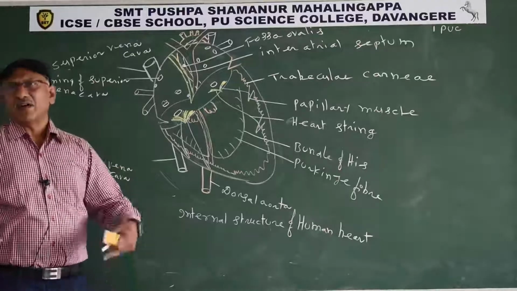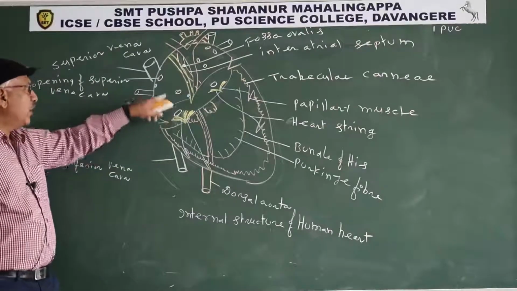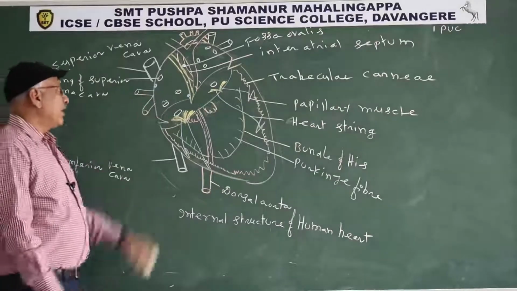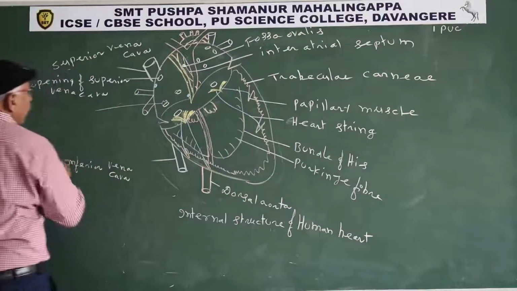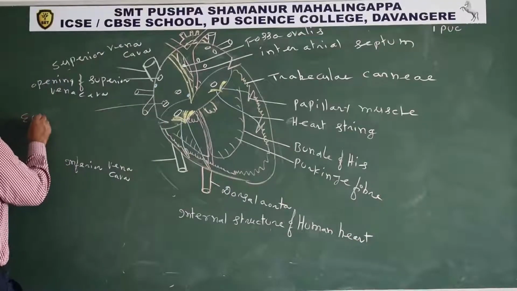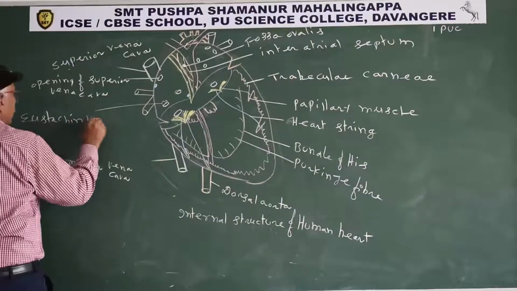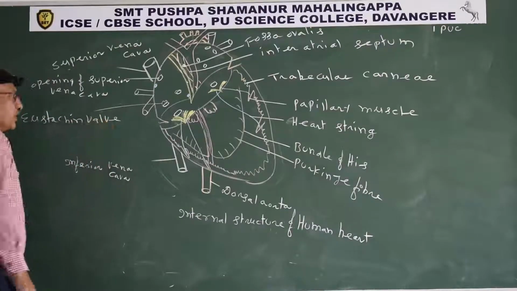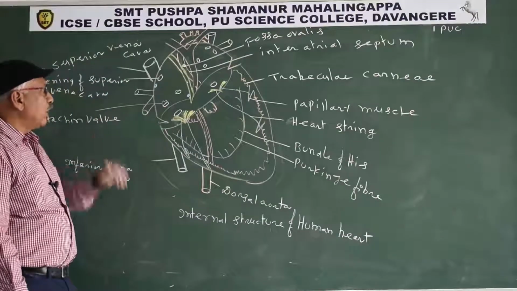The inferior vena cava collects blood from the legs and abdomen and releases the blood into the right atrium through an aperture. This aperture is guarded by a valve known as the Eustachian valve.